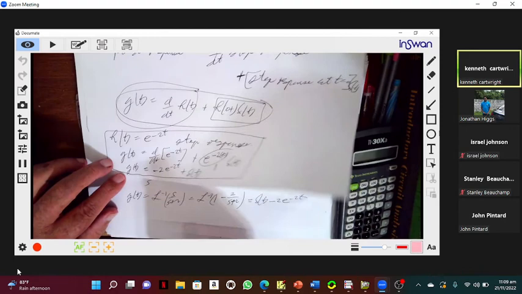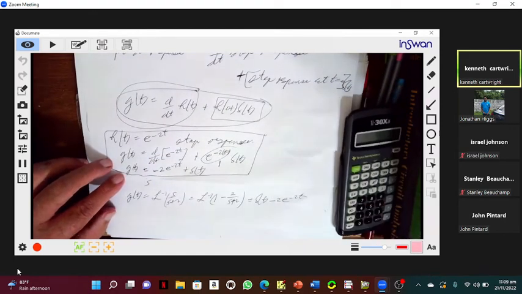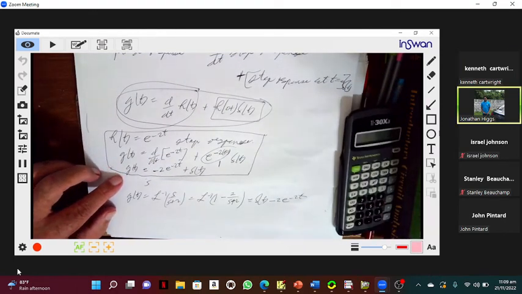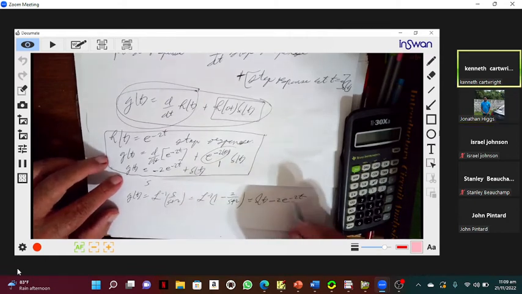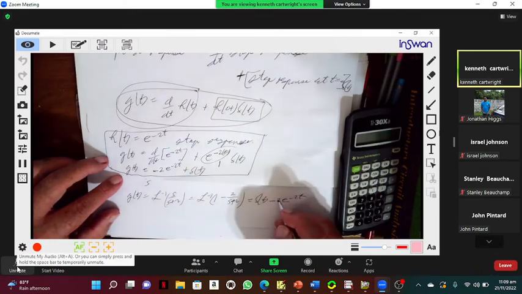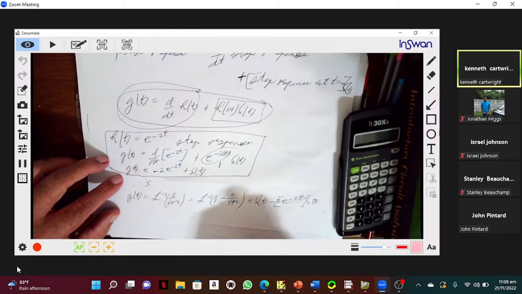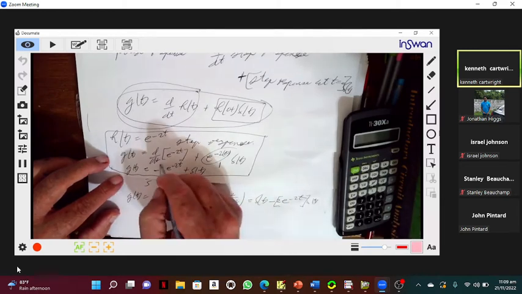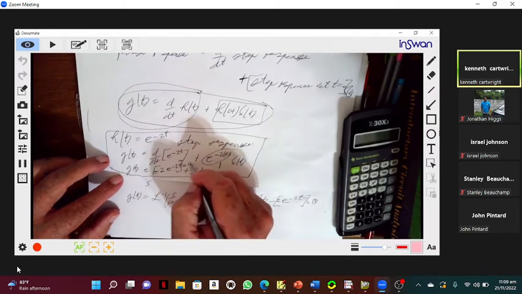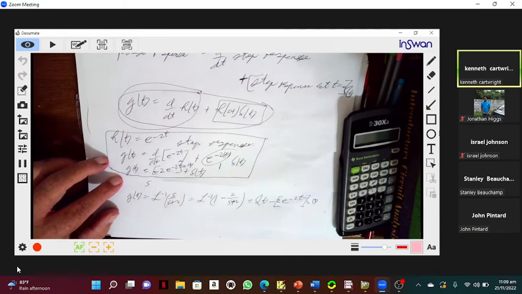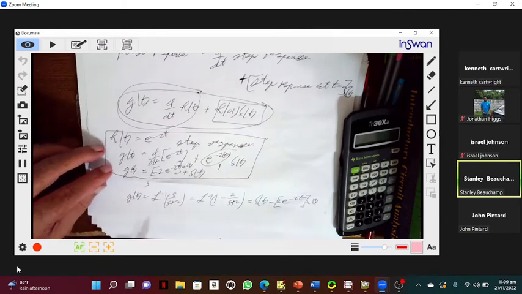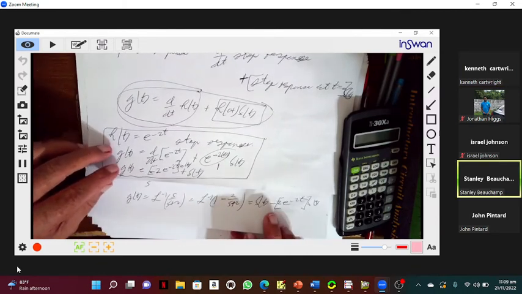Same answer. Yes, you can multiply this by u of t, that by u of t, and this by u of t. It's understood that all these functions begin at zero. So if you forget your u of t, you get points off.